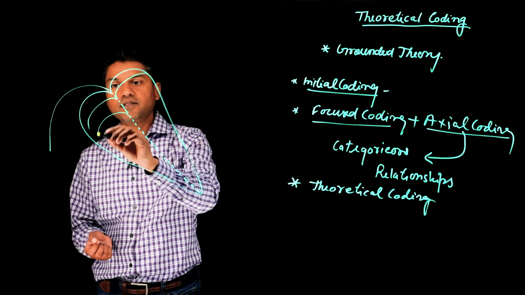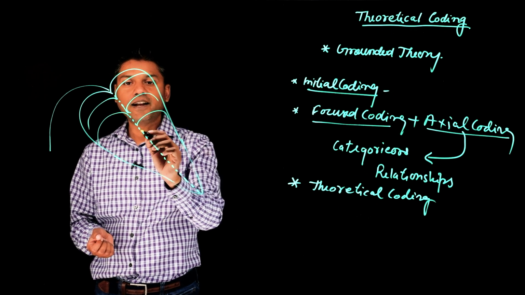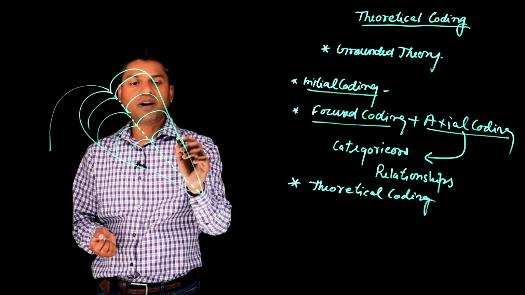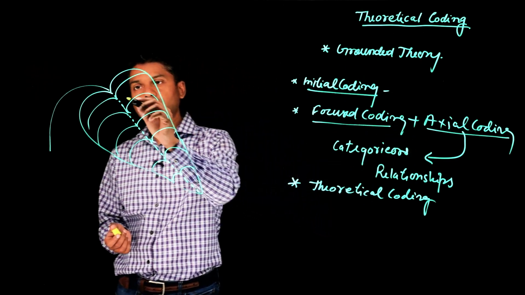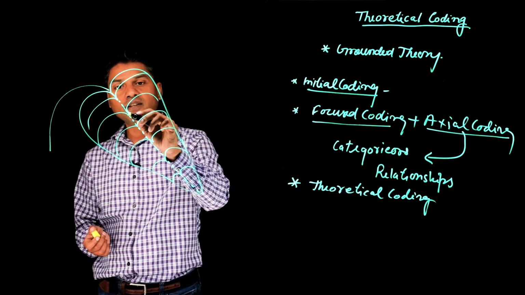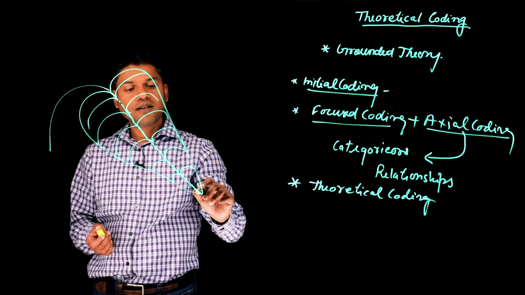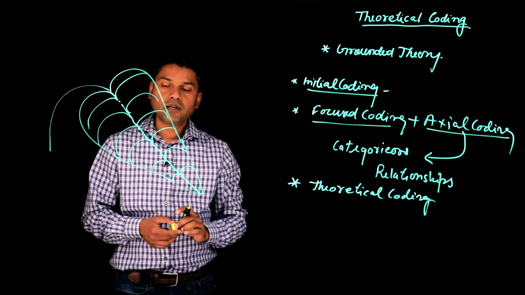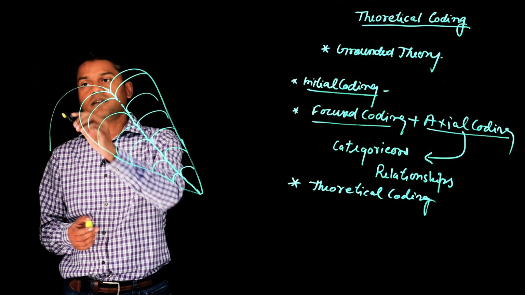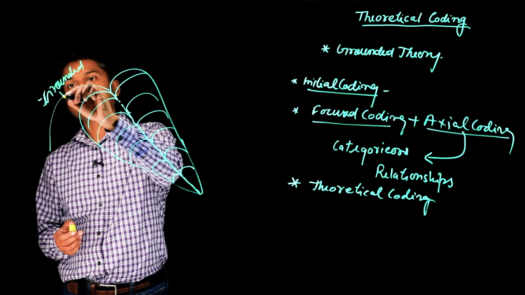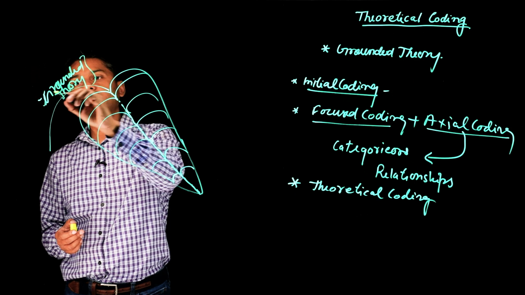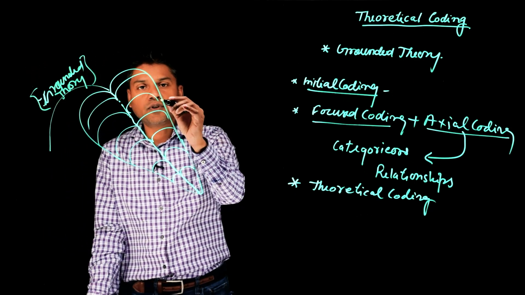So let's say these are the categories that came up after focused coding, and you did some axial coding to understand the relationship between these various categories. Now, to refine this theory even more, we need to further develop it.